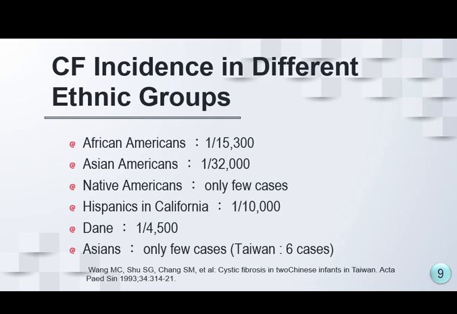And in Taiwan, there were 6 lethal cases before year 2000, but after year 2000 more than 100 minor mutations were found, since DNA technology is improving and a lot of DNA chips for screening cystic fibrosis are available. So we found Taiwan has a lot of mutations that are minor.